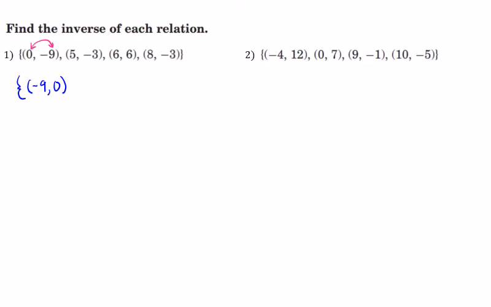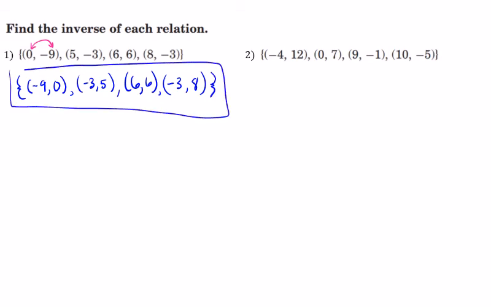So 0, -9 becomes -9, 0, right? X becomes the y, y becomes the x. This one would be -3, 5. This one would stay the same, because x and y were actually the same, so we still swap them, but it doesn't look any different. And then 8, -3 becomes -3, 8, and that's it. All we have to do is swap the x's and the y's.